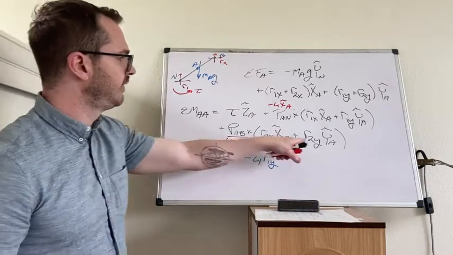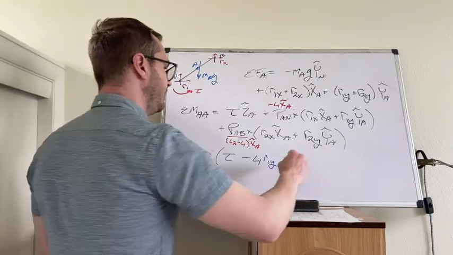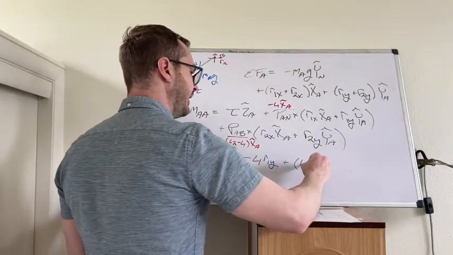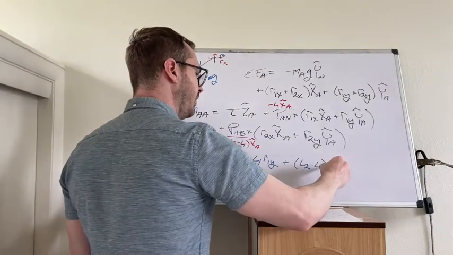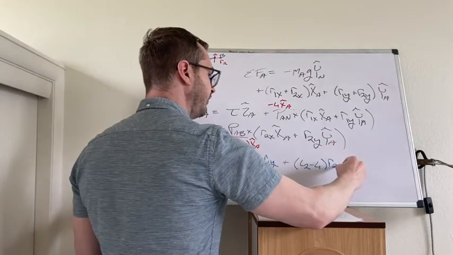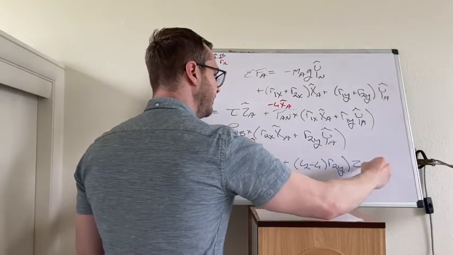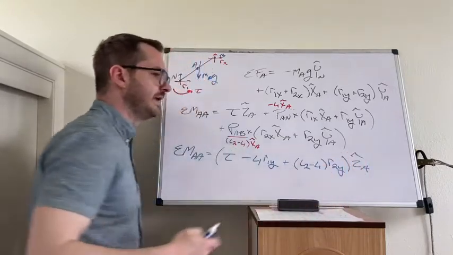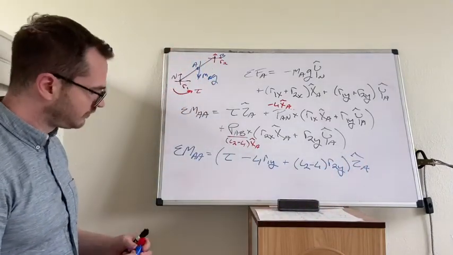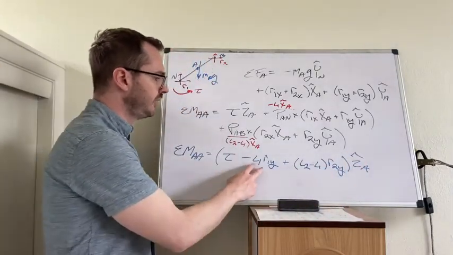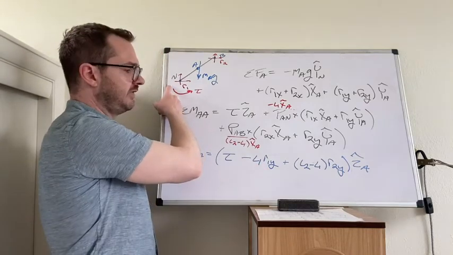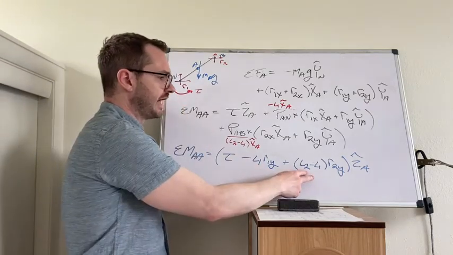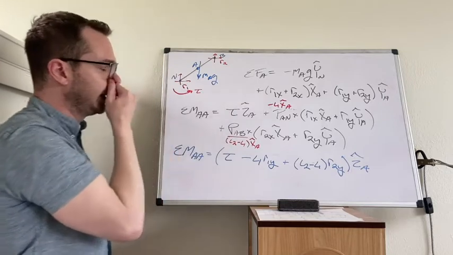So I'm going to say plus L2 minus L1 multiplied by R2y, and it is this whole quantity in the z hat A direction. Input torque, this is the reactions at point N, and then here is your reaction at point B.